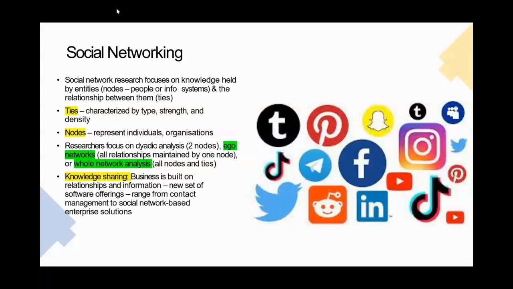So this is now where it's maintained by more than one node, and we know nodes are individuals and organizations. I'd look at Facebook, for instance, as a place where you can think of whole network analysis, because you've got different organizations, different individuals.